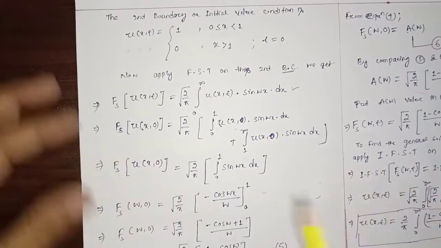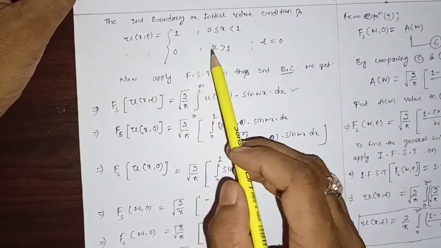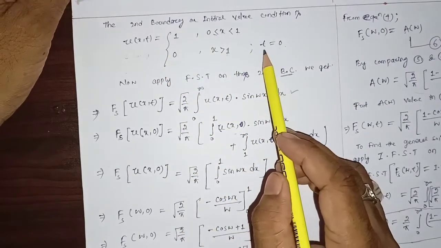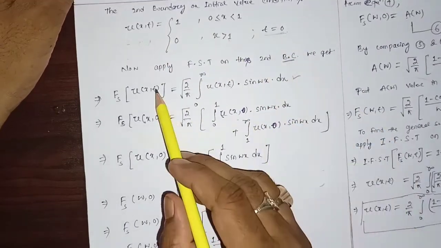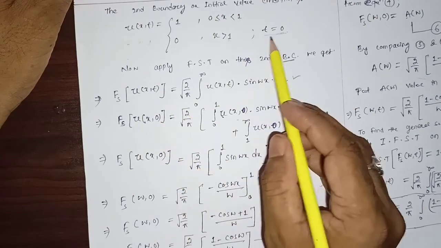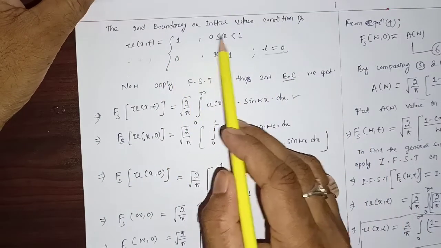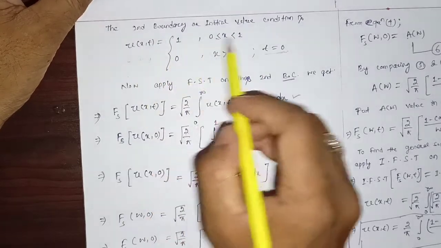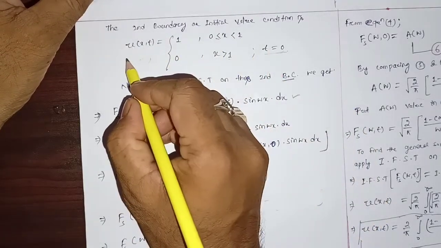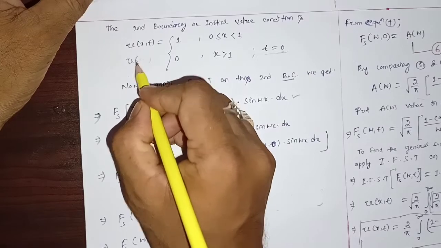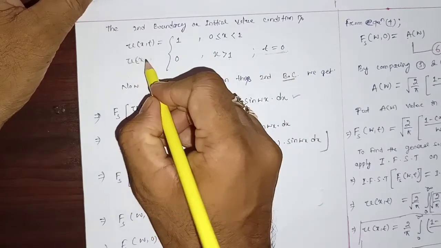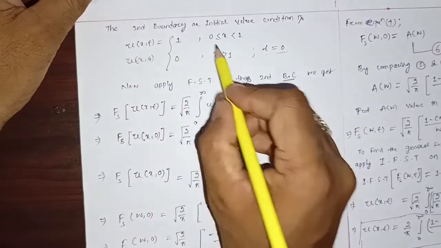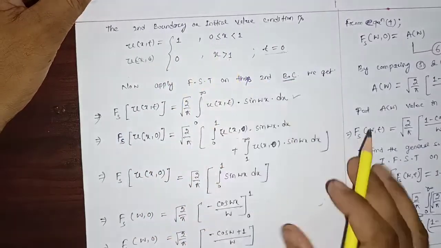Here, if we consider this boundary condition, then we have to consider t equal to 0, so u(x,0) will be 1 in between 0 to 1, and 0 above 1.